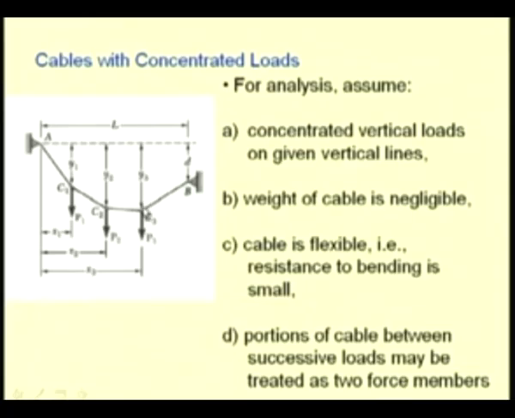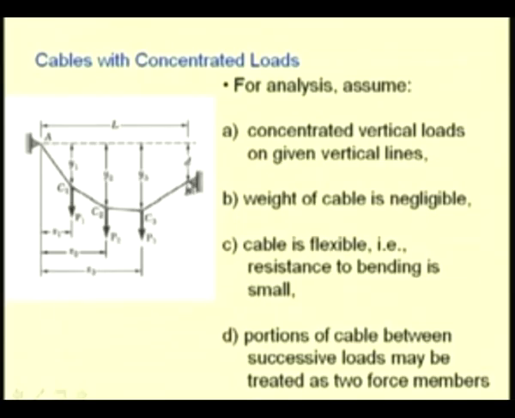Between two portions, say C3, C2 or C3B, the cable can be assumed to be a two force member. This is because the loads are applied at C3 and at B and we are neglecting the weight of this portion. So, it becomes a two force member.